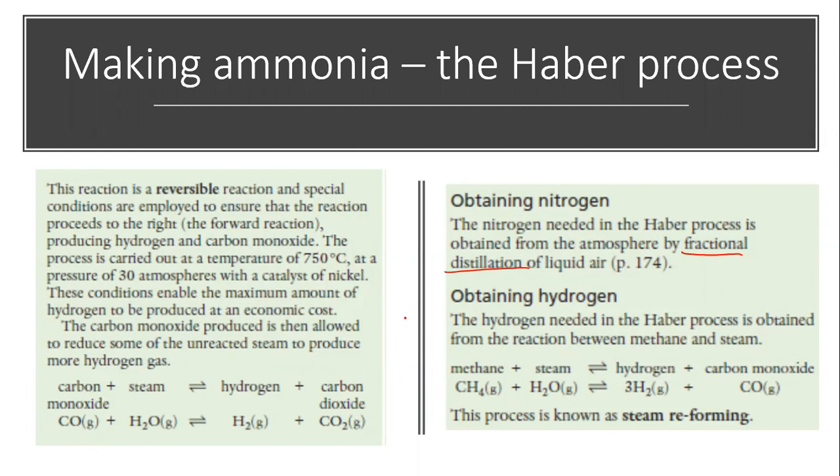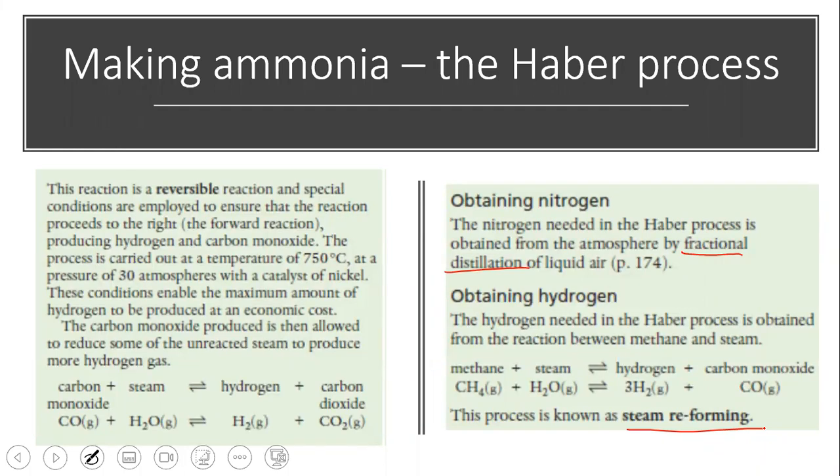For hydrogen, you do a process known as steam reforming. Hydrogen can also be obtained from liquid air. By doing fractional distillation of liquid air, you can obtain hydrogen from there as well. Another way you can obtain hydrogen is steam reforming.